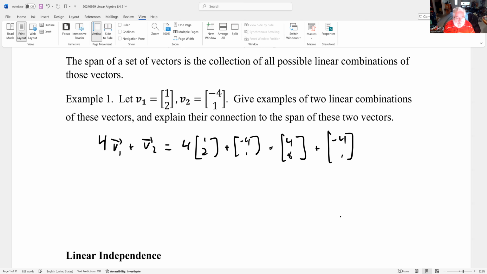And note that this 4 multiplies both the 1 and the 2, so we get 4, 8. And then when we're adding vectors, we add the components. And so that's the vector 0, 9.